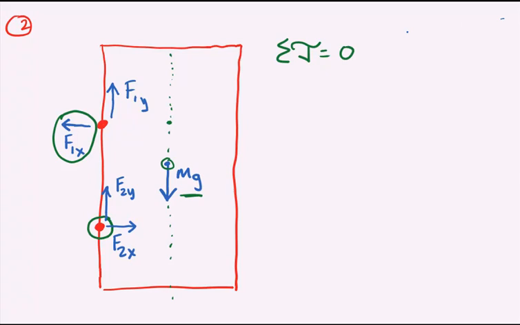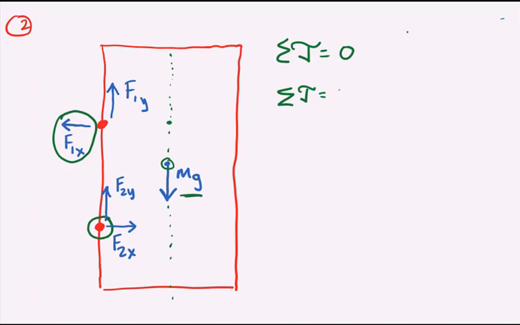Or we could also call that clockwise, or right-hand rule into the paper. And so therefore this other torque from our hinge up top has to produce a torque to the left, or counterclockwise, or right-hand rule out of the page.